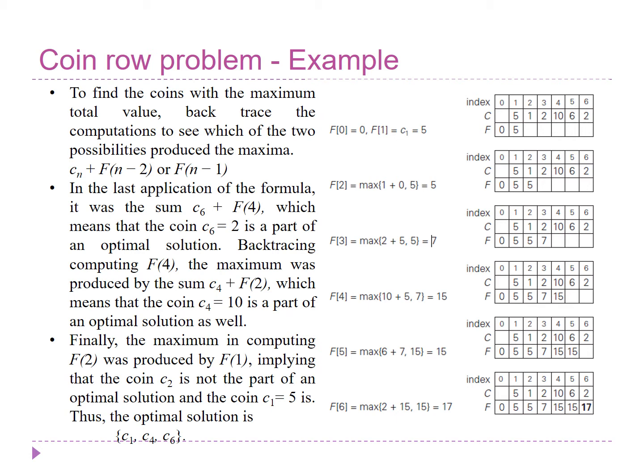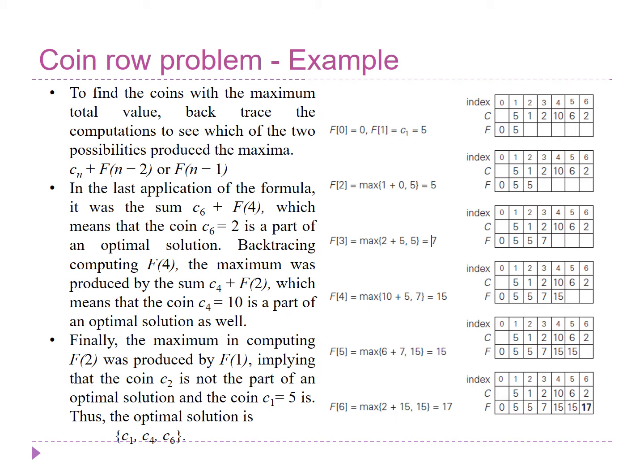In the second iteration, considering f of 0 equals 0 and f of 1 equals 5, f of 2 equals max of c of 2 plus f of 0 and f of 1. The maximum is the f of 1 value, which equals 5.